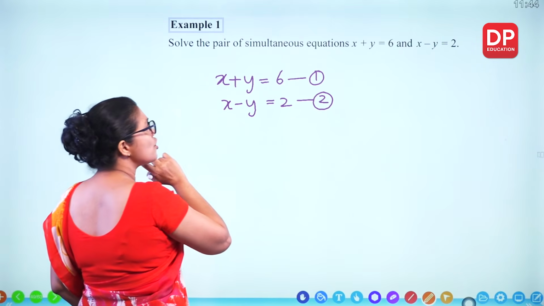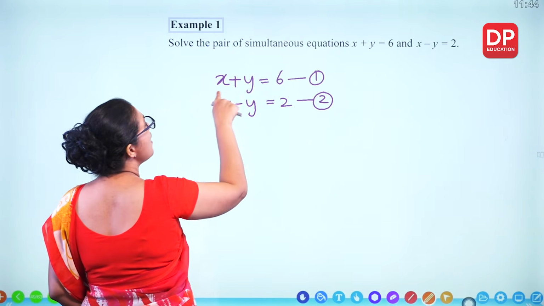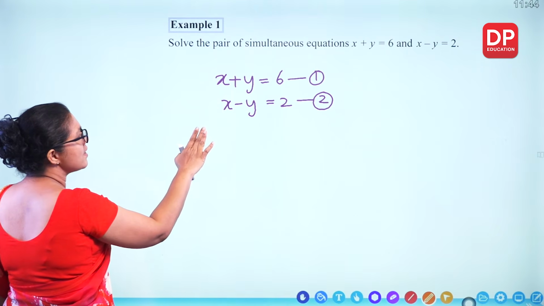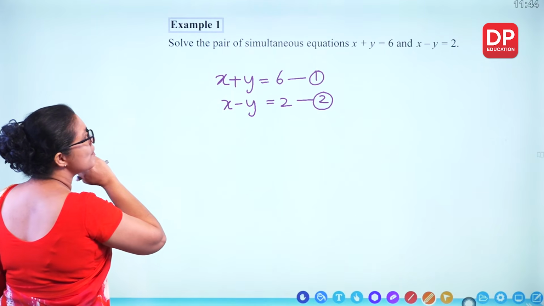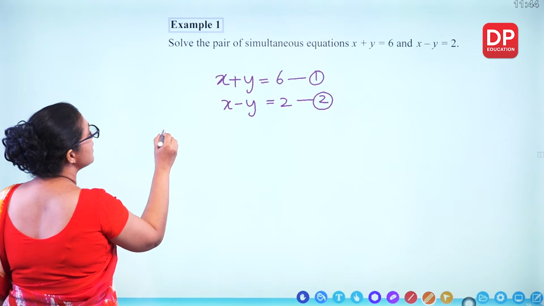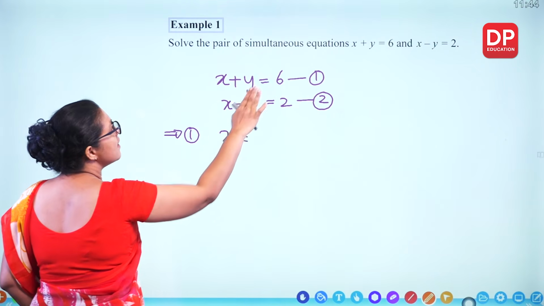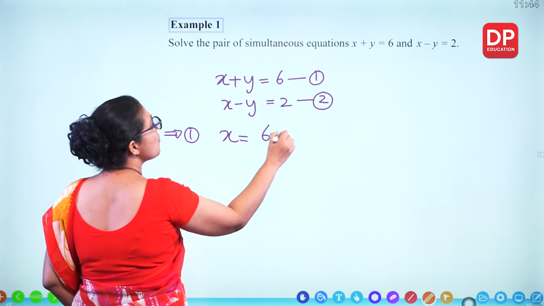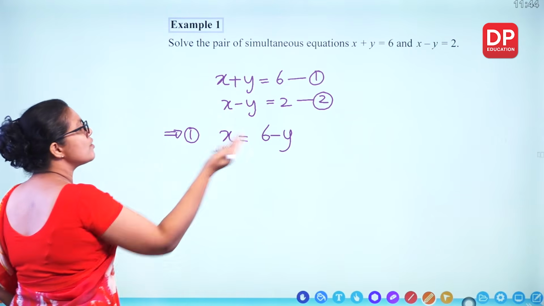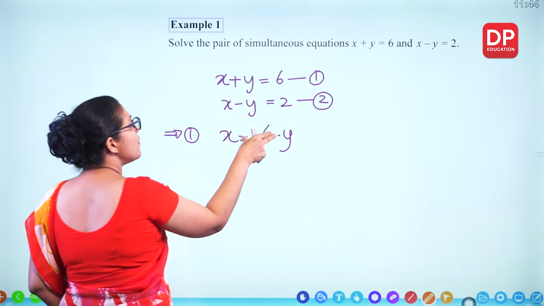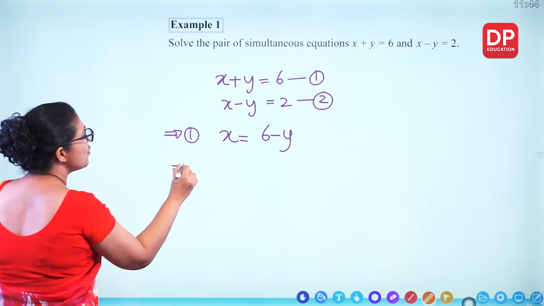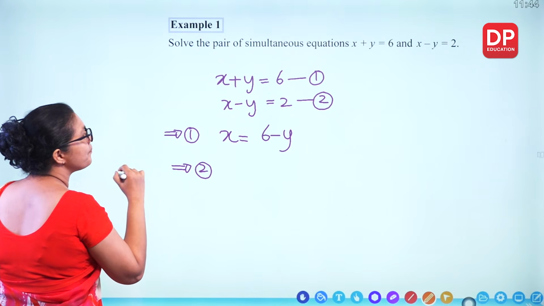Substitution means we can make one variable as a subject and substitute to the other one. So when you take the first equation, I can write x as 6 minus y. I'm taking y to the other side. Now this value I can substitute to the second equation.